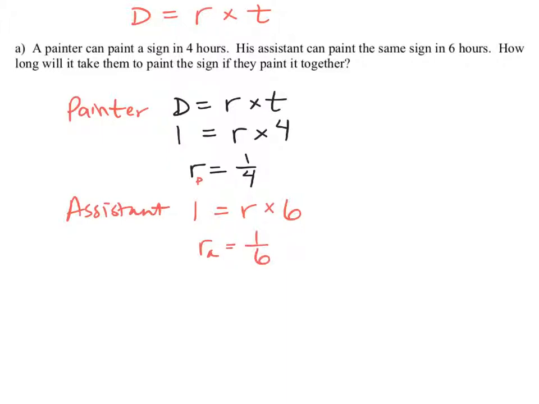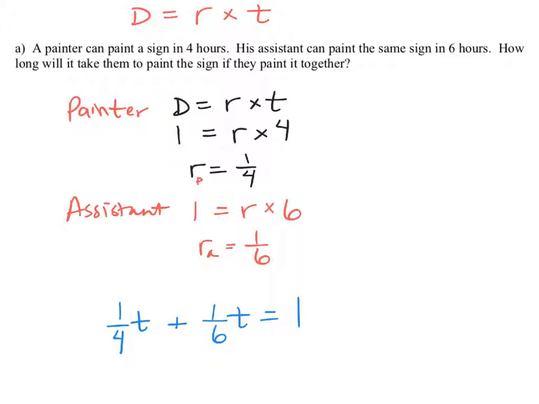Now we can add those together times the time to determine how long it will take to paint an entire sign together. So that is going to be the rate of 1/4 times the time for the painter, and then the rate for the assistant is 1/6 times the time, and that's going to equal one whole sign. So 1/4 t plus 1/6 t is equal to 1.